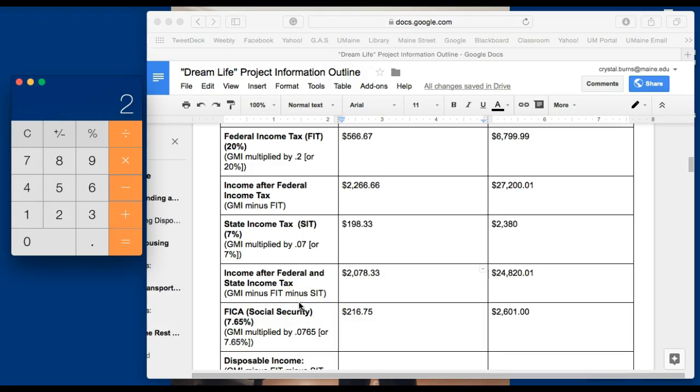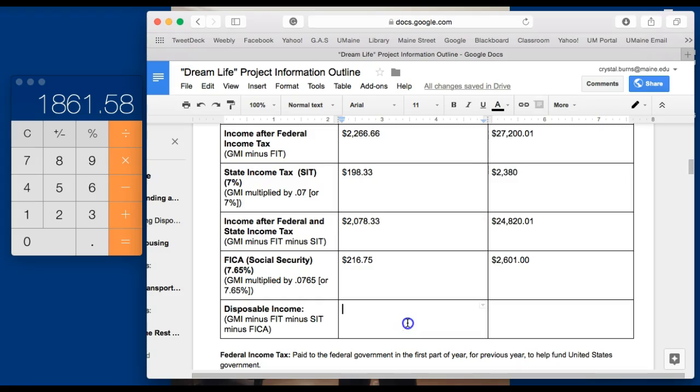So subtract $216.75, and I am left with $1,861.58.